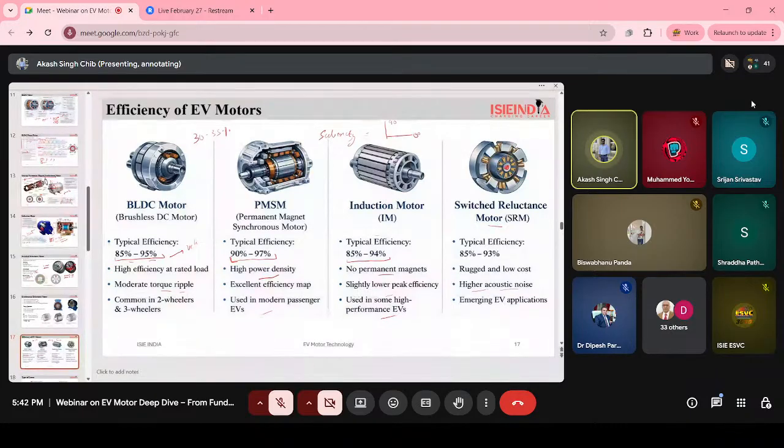Suppose here we have the magnets inside, magnets in the rotor part, and the rotor always tries to align with the rotating magnetic field which is generated inside the coils. If there is no saliency, meaning there is no difference, no torque will be generated.